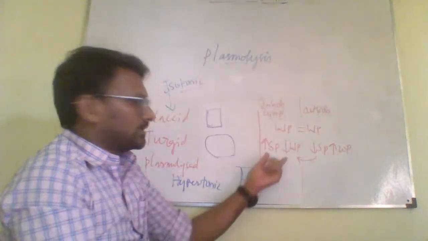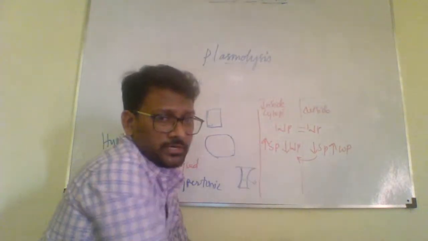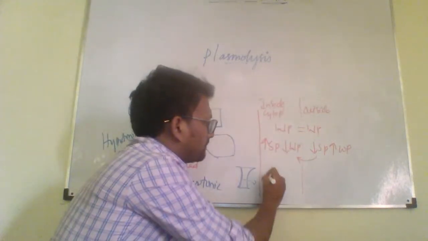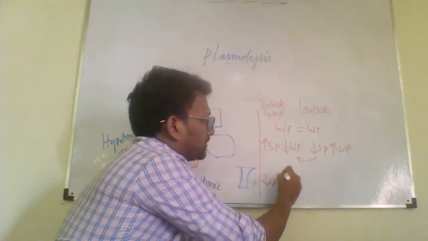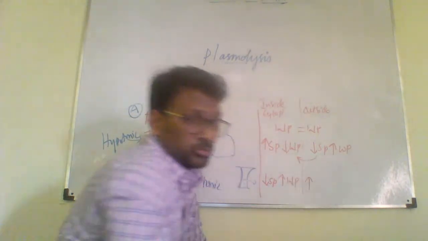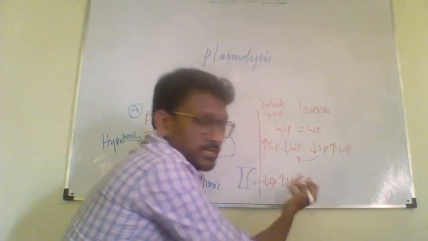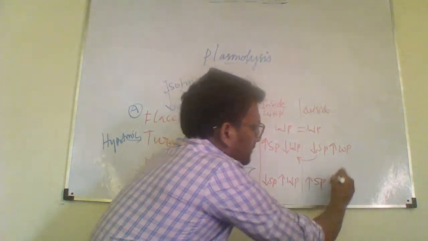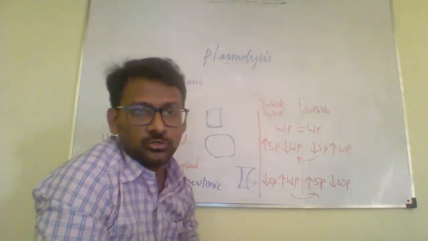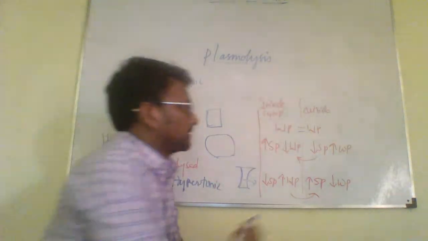Clear? And then last one, plasmolyzed cell. How can you write that? Reverse. Inside the cell you have less solute particles but high water potential, and outside the cell, it means in solution you have more number of solute particles, so high solute potential, and you have less water potential, and the water tends to move from higher water potential to the lower water potential and makes the cell plasmolyzed.